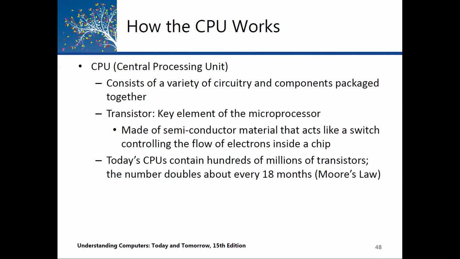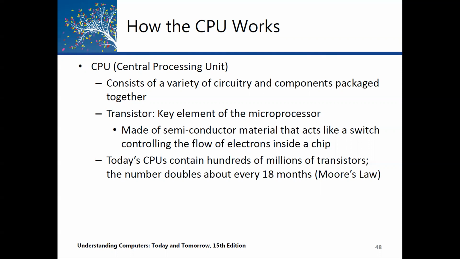A transistor is basically a device made up of semiconductor material that controls the flow of electrons inside a chip, right? Today's CPUs contain hundreds of millions of transistors, and the number doubles approximately every 18 months. This phenomenon is known as Moore's law, and we will discuss it in the next slide. The primary components of a typical CPU are also discussed in the coming slides, right?